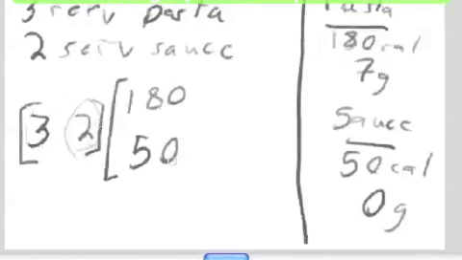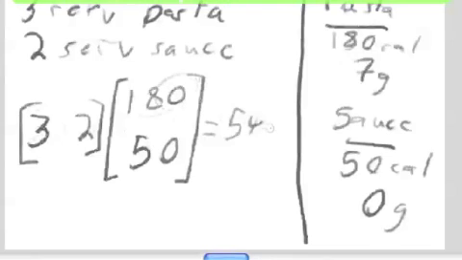And we take the 2 times the 50, because there are 50 calories in each of 2 servings of sauce. So 3 times 180 is 540, and 2 times 50 is 100, which gives us 640 calories.